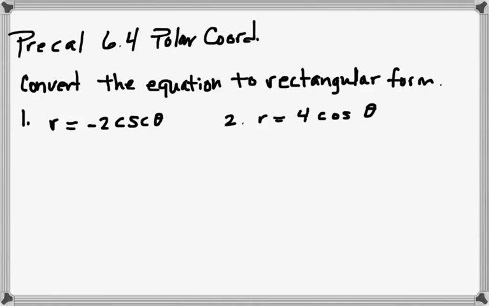Number one. Yesterday, I did a problem real similar in class. Listen. I'm going to work these out for you, and I want you to pay attention. If you had r equals negative 2 cosecant theta, and the instructions say convert this into rectangular form, effectively that means I need to get rid of r and theta and replace them with x's and y's. We know how because we have our formulas: x equals r cosine theta, y equals r sine theta.